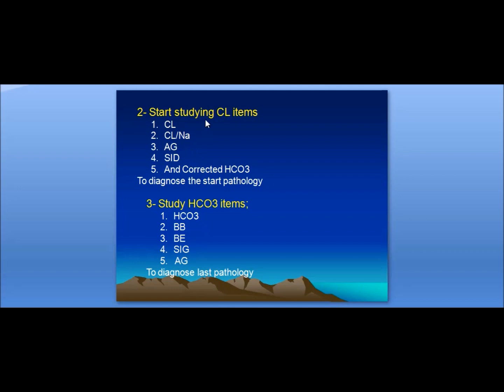From these items and from these data, you will come to the start diagnosis, start pathology, the first pathology. Number 3, studying bicarbonate items, serum bicarbonate, buffer base, base excess, strong ion gap, and anion gap. This will give you the last or the second pathology and the second diagnosis.